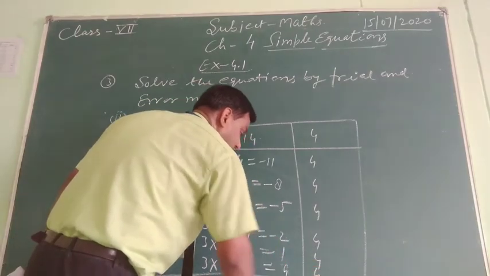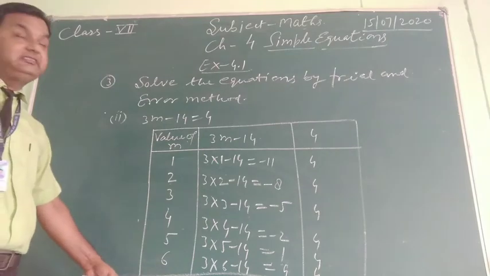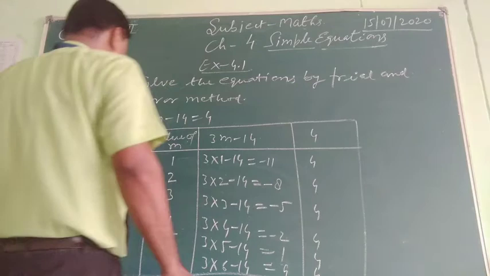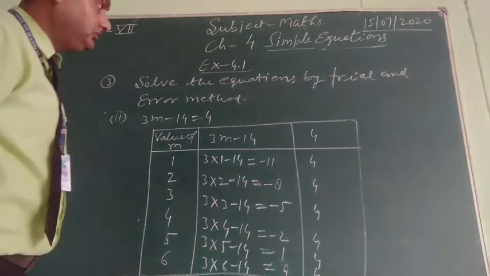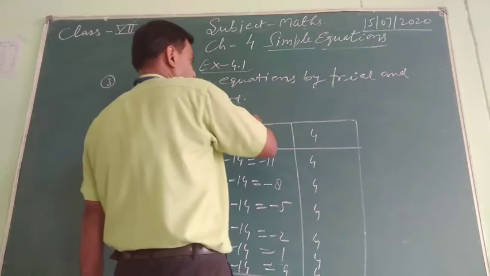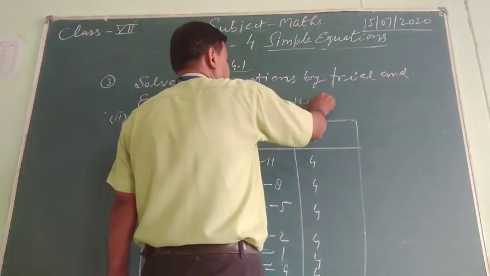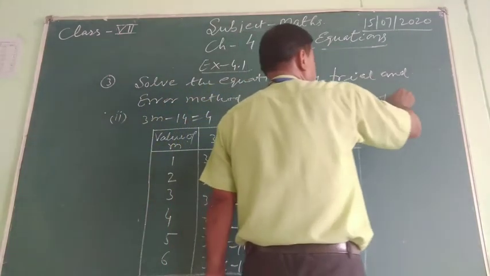And RHS is 4. So the value of m is 6. So 6 is the solution of the given equation.